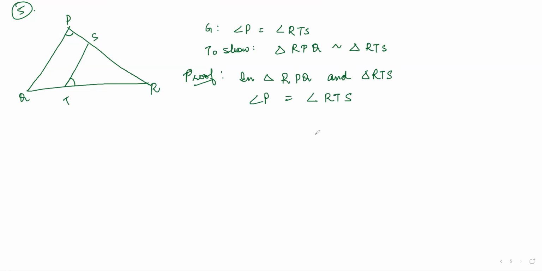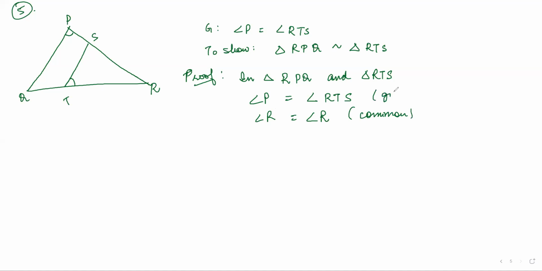First of all, see which triangle I'm taking. RPQ is the whole triangle, and RTS the small one. Can you see something common here? R. So angle R is equal to angle R. So two angles are equal. So AA criteria I can use.